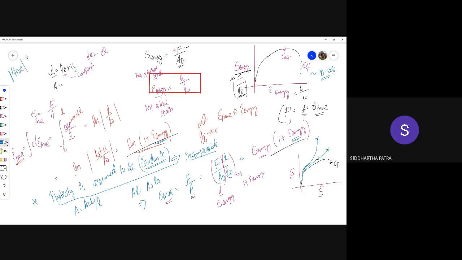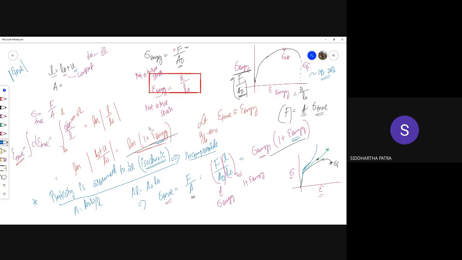is actually larger. Sorry, I made a mistake probably. The absolute value of the true strain is, yeah, no. So it actually should go further, right? Oh, no, no. I made a mistake.